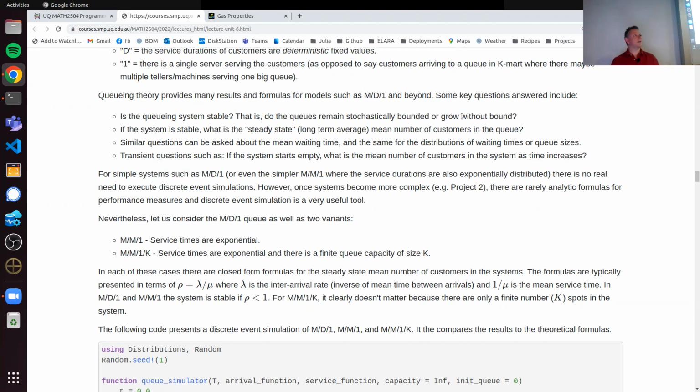So if you imagine people arriving faster than your ability to process them, then the queue will have to get longer, right? There's no way around that. So that's the first question: is it stable or unstable? If it's stable, describe the steady state: roughly how many people are on the queue on average, for example, and how long does it take for a person to get served on average, and that kind of thing.